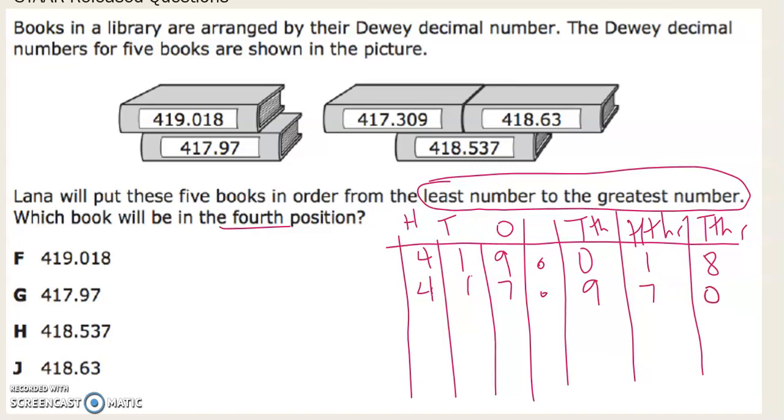Remember to add a 0 here for your placeholder. So I put these in my chart. Then one more time I'm going to have to add a 0 here. My last one goes in my place value chart.